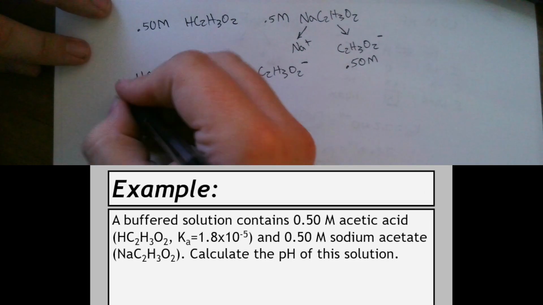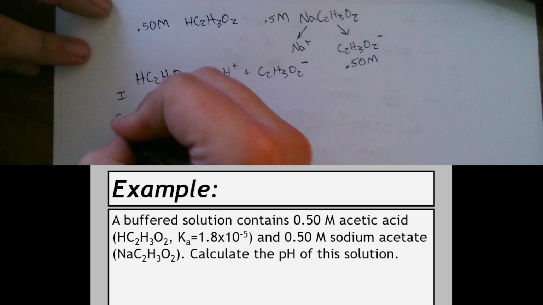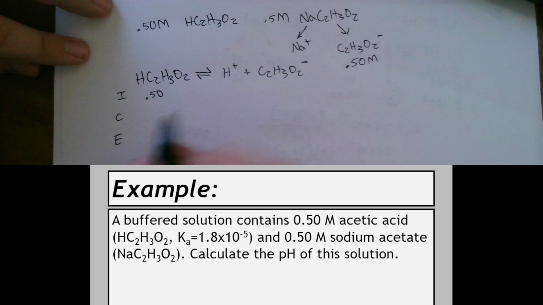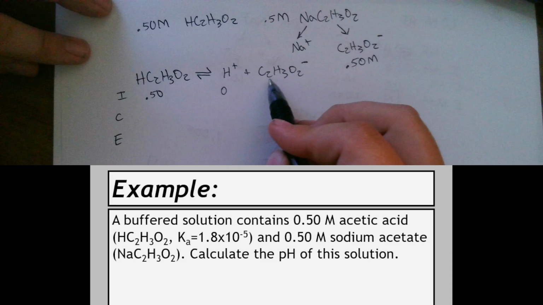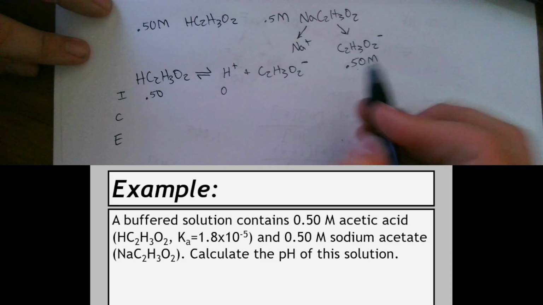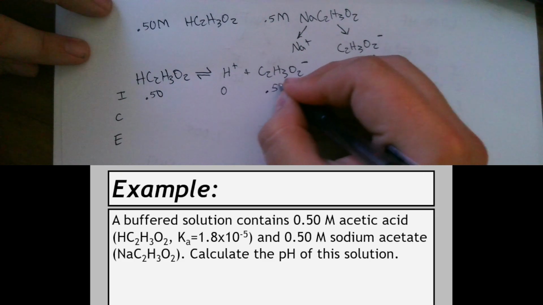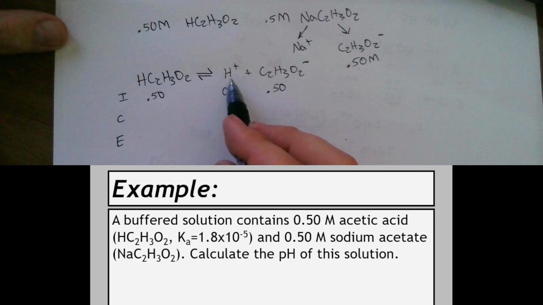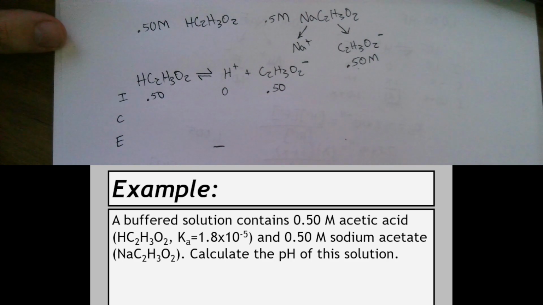Just like last time, I'm going to have an initial concentration of my acid, which is this 0.5 molar. I don't have any H plus to start, and this C2H3O2 minus, I have 0.5 molar. This is set up basically exactly like the last problem. I want to find the pH again, which means I need to know how much H plus I have at equilibrium. If I solve for that, I'll get the answer.